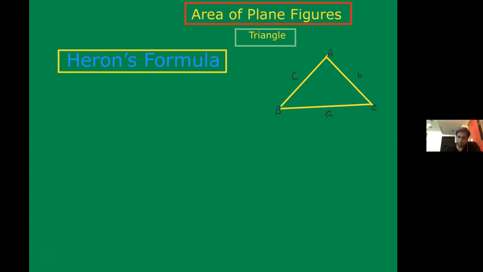So what will be the area of the triangle? The area of the triangle will be the square root of s times (s minus a), (s minus b), (s minus c), where a, b, c are the sides of the triangle and s is the semi perimeter. s equals 1 by 2 the sum of all the sides, so (a plus b plus c) by 2.